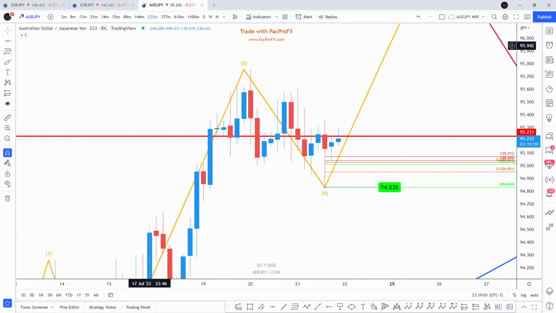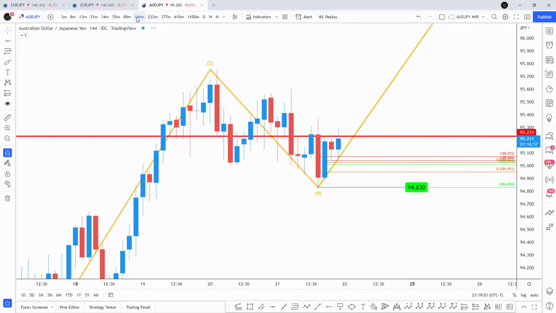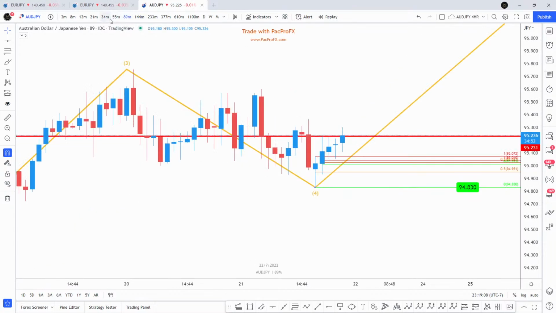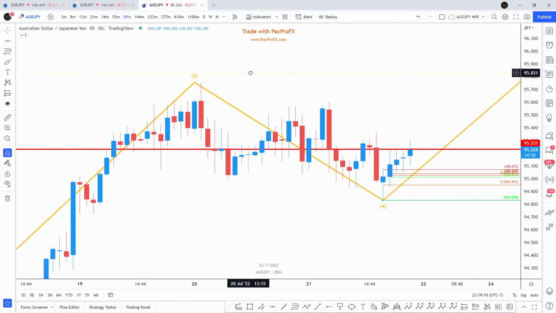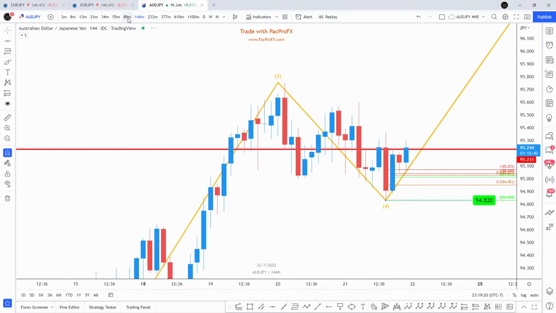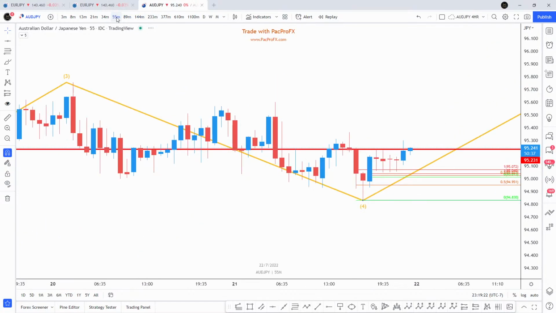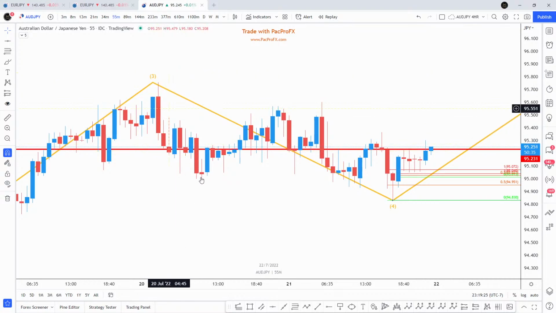Sometimes you just gotta change the time frame just a little bit. Usually it's 2 or 3 time frames from where you are looking. So if you're looking at 4 hour, you can go down to the 1 hour. So it's 144 minute, 89 minute, and 1 hour. Okay, and this looks a lot better, right?